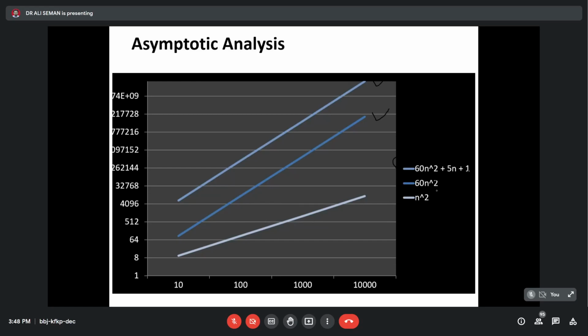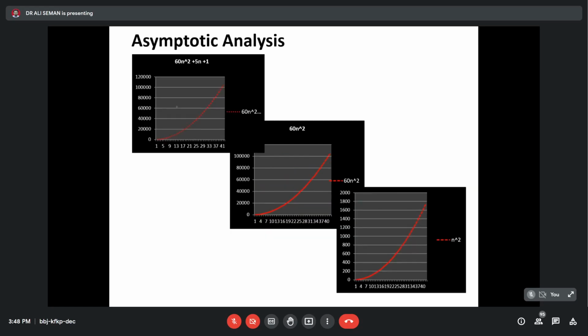And when we take only the n squared, we can see that more or less it is basically the same pattern of increase.